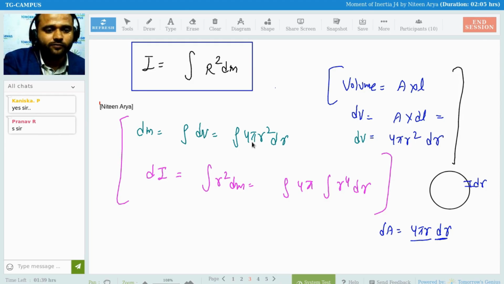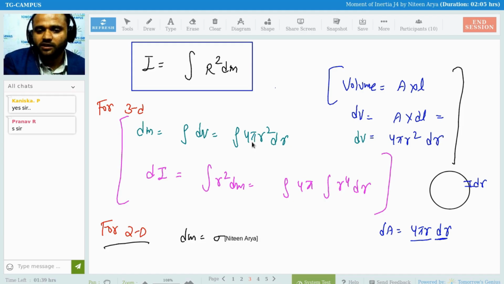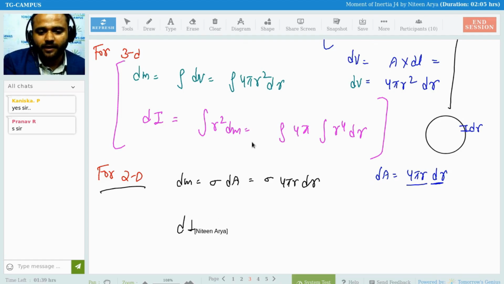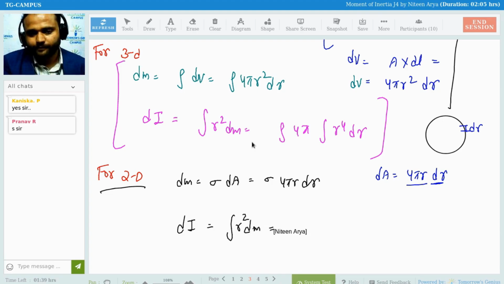So that was for 3D, now for 2D, this dm is going to be sigma into dA, where dA is 4 pi r dr. Because I want to find dI, dI is going to be again r square dm, and that is going to be sigma 4 pi integration r to the power 3 dr, because r is here and r square is there.